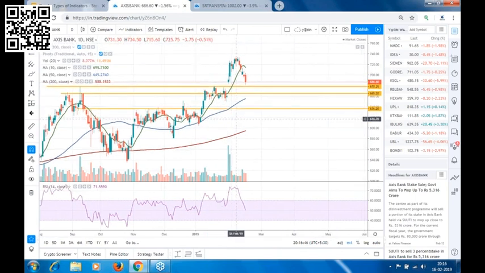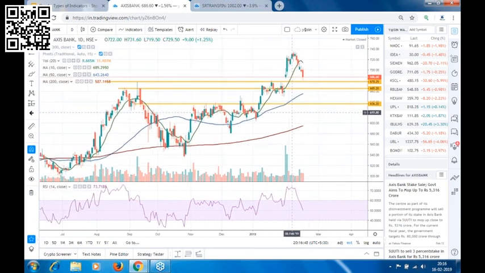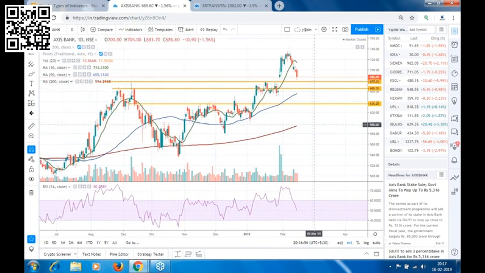If I want to go short in Axis Bank, then I will wait for it to break this support, which previously was a resistance, which is around 678 or 679 levels. I will wait for it to break this level, 678.